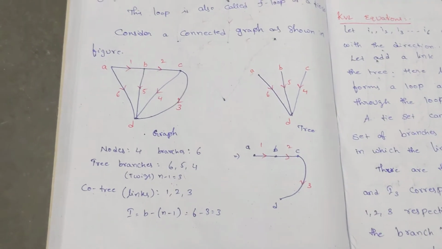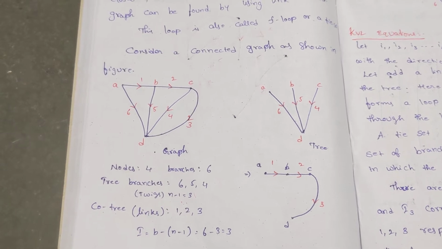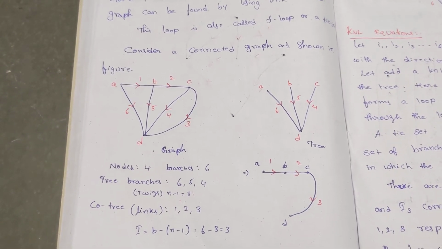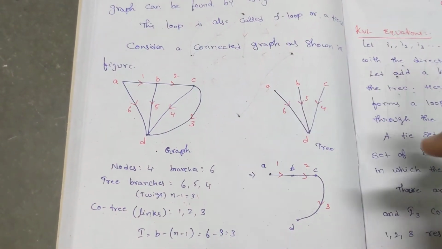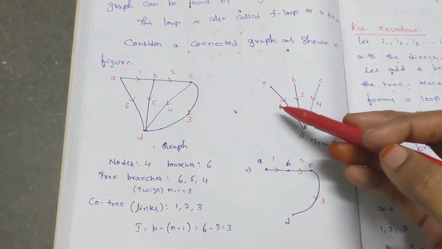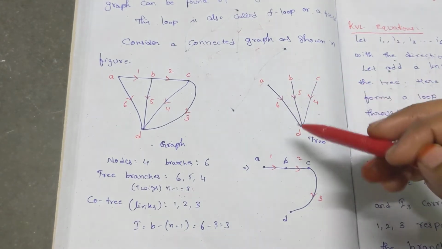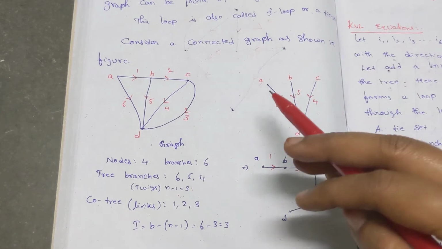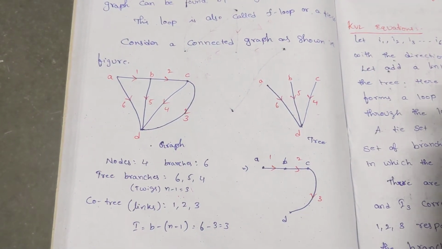Already we know the conditions for the tree: all the nodes should be connected without any closed loop. So I'm choosing a tree such that branches 6, 5, 4 are joining. Here I'm not forming any closed loop, and all the nodes are available.